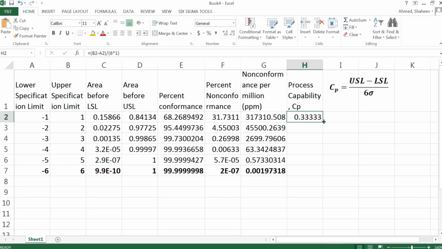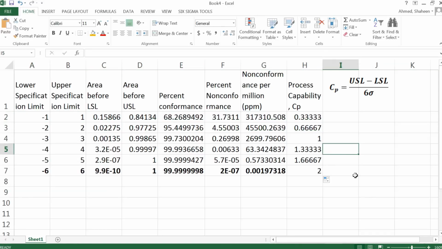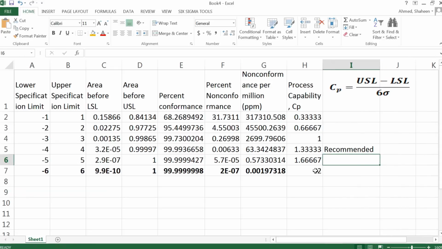And you copy all the way down. For the machine that can produce only within one standard deviation, its process capability is only 0.33. 1.33 is the recommended value. If anything goes lower, then you go for further investigation, things like that.